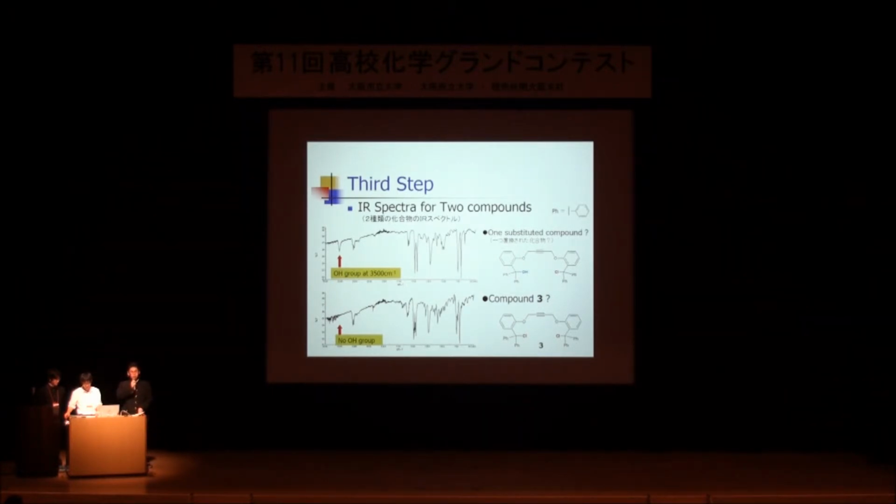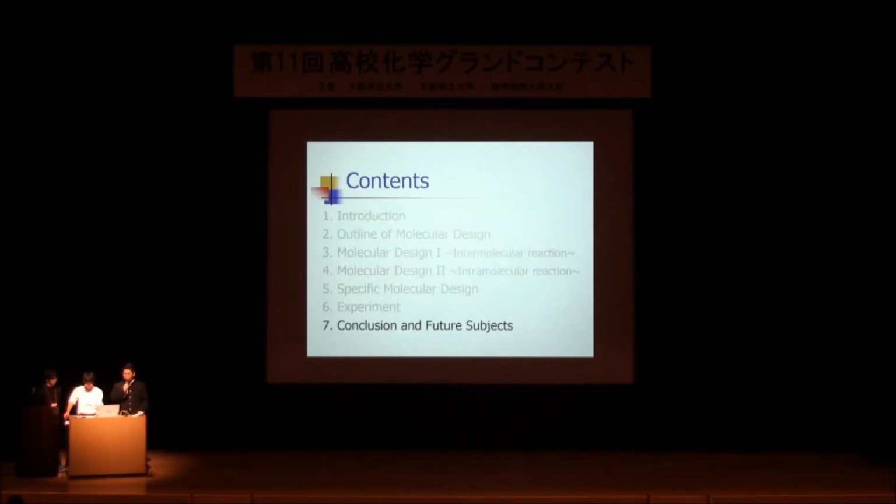Therefore, the upper figure suggested that one compound has a hydroxyl group, and the lower figure suggested that the other had no hydroxyl group. So the lower is plausible for compound 3. However, we have to confirm compound 3 by another way, such as NMR and mass.